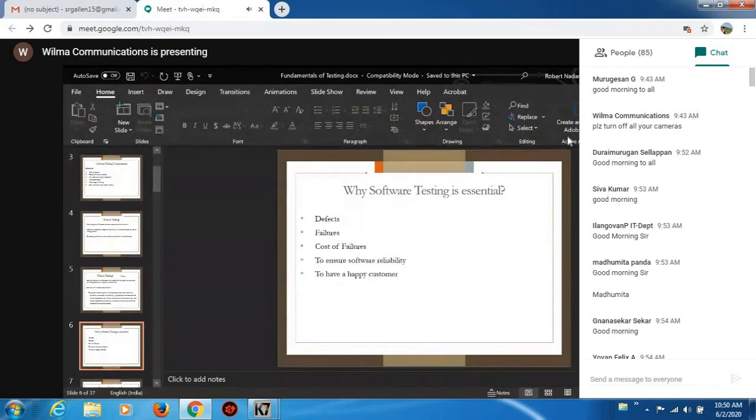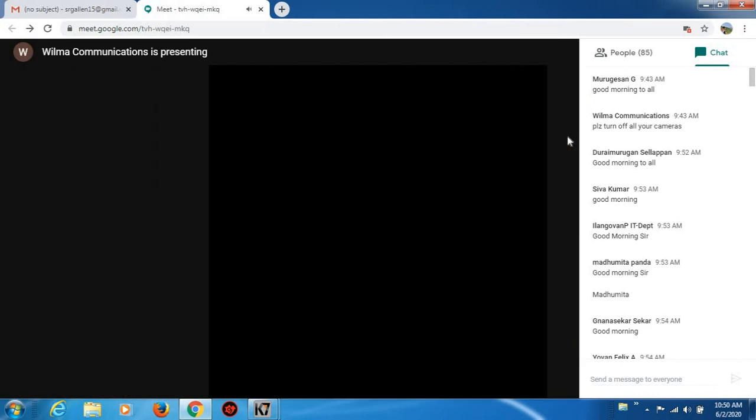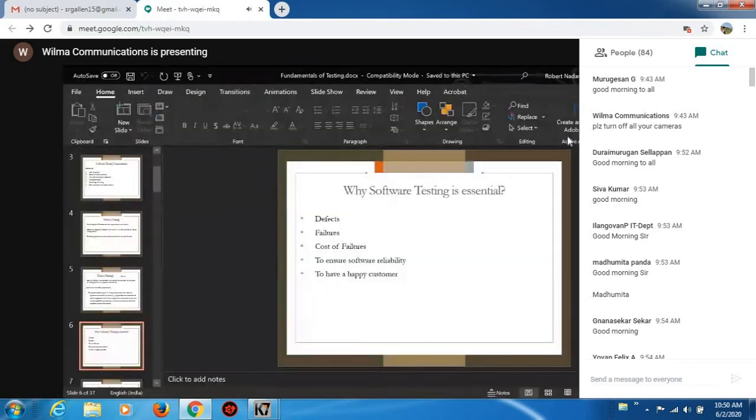Number 4, to ensure the software reliability. To find out the reliability of the product, we have to go for software testing. What is meant by reliability? When we purchase some product, like a washing machine or a refrigerator, we get a 2 year, 5 year, or 10 year warranty.